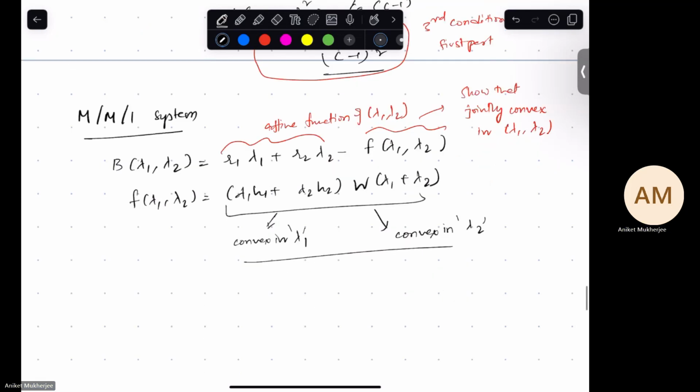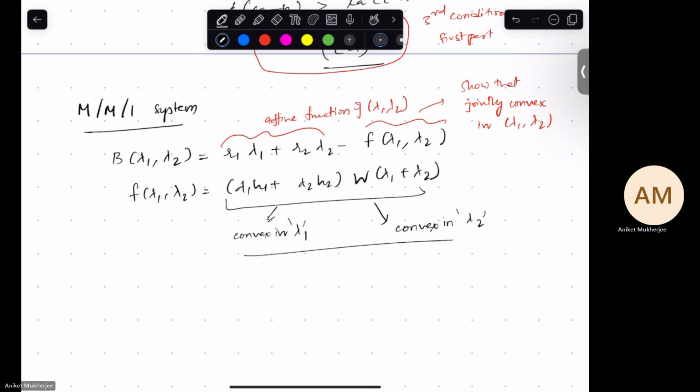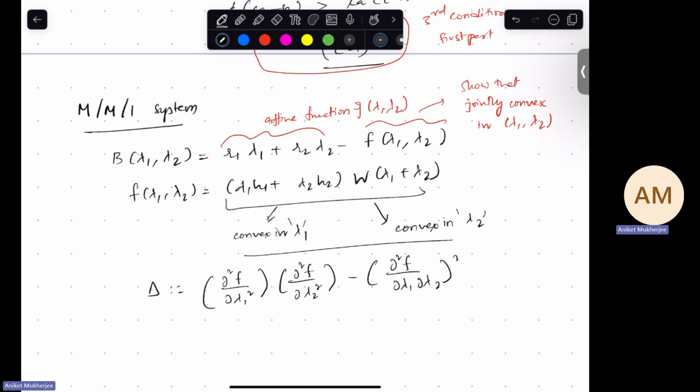But we'll actually calculate the delta. Delta is the second partial derivative of f with respect to lambda 1 squared, times the second partial derivative of f with respect to lambda 2 squared, minus the mixed partial derivative of f with respect to lambda 1 and lambda 2, whole squared. Right.